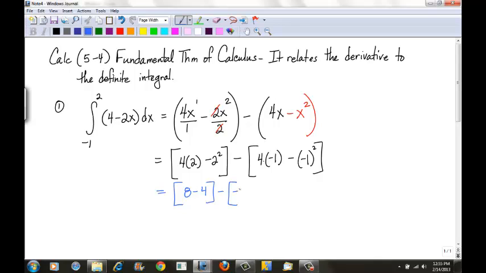Now this would be a -4. -1 squared would be 1, so minus 1. And then simplify. So we'd end up with 4 minus a -5. So the area should be 9.